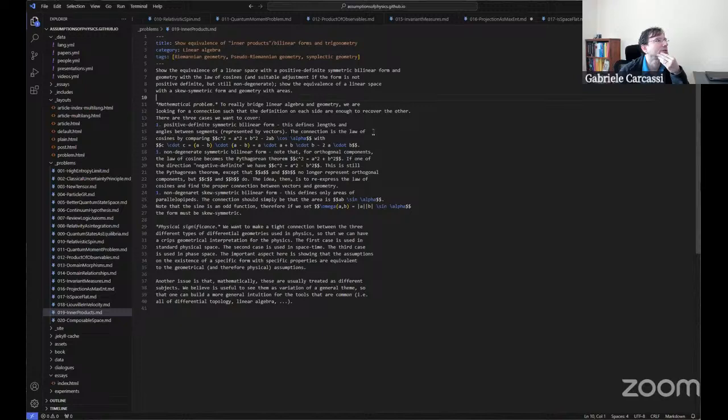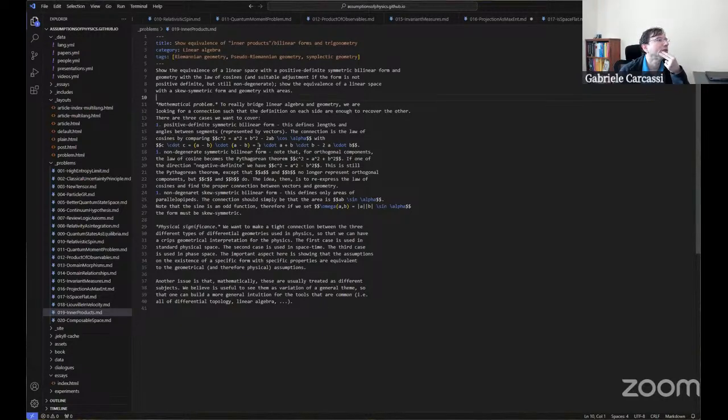The connection is the law of cosine, comparing c squared equals a squared plus b squared minus 2ab cosine alpha, with c dot c equals (a minus b) dot (a minus b) equals a dot a plus b dot b minus 2 a dot b. So now a dot b must be ab cosine alpha.